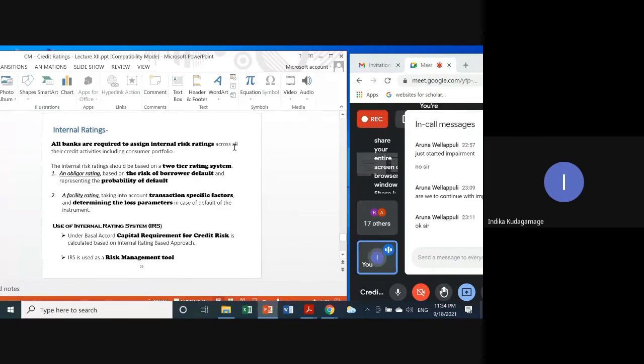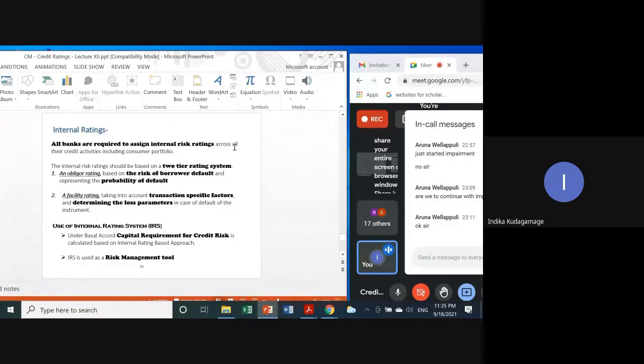You rate the customer, that means you categorize your customers based on their credit worthiness. Right? Then the best customers, you don't need to do much. But for other customers, based on the risk rating, you can decide what exposures you give and what monitoring mechanisms you apply. All those things can be decided based on rating.